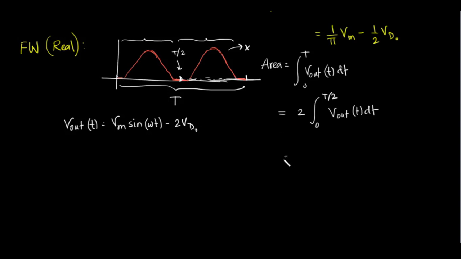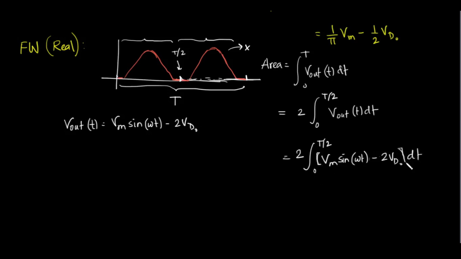I will get 2 times the integral from 0 to T by 2 of Vm sine omega t dt minus 2 Vd naught dt.